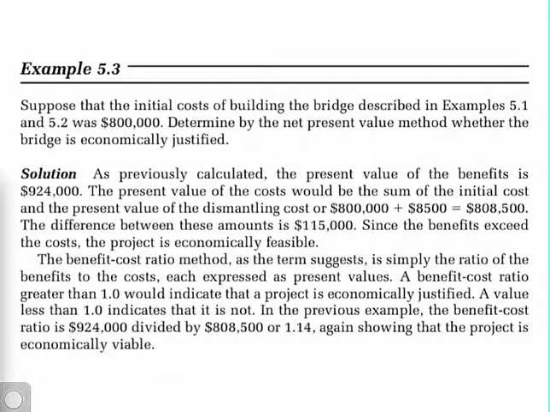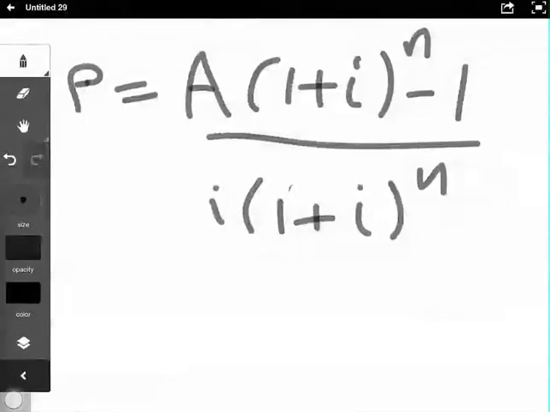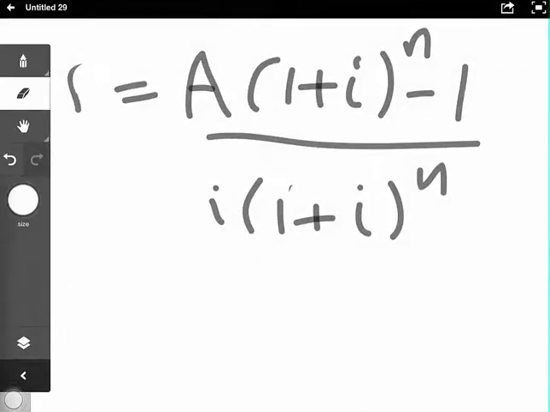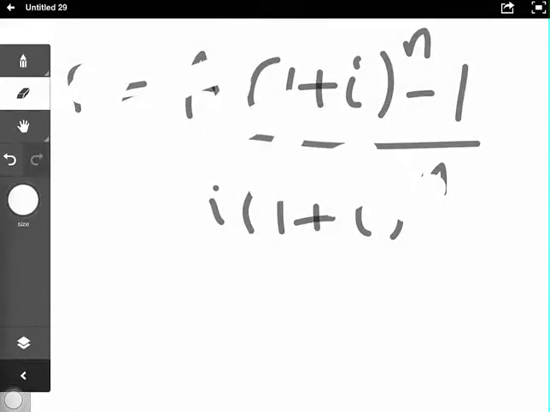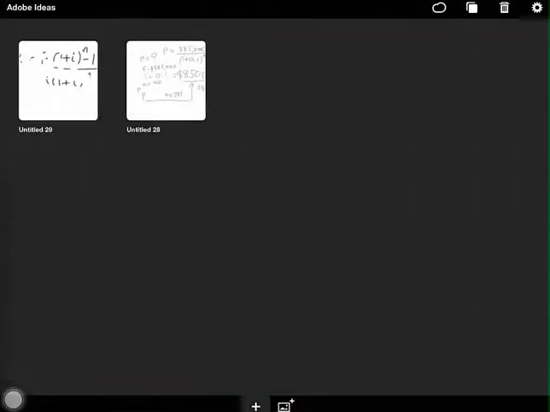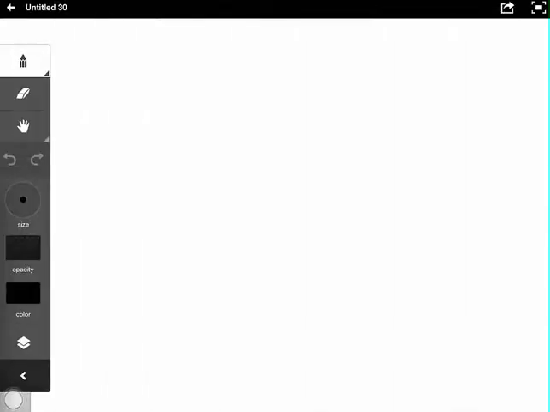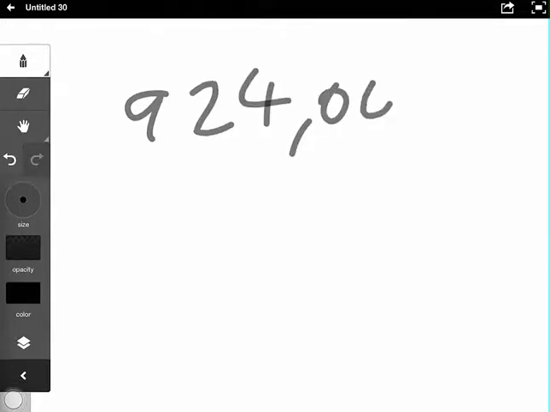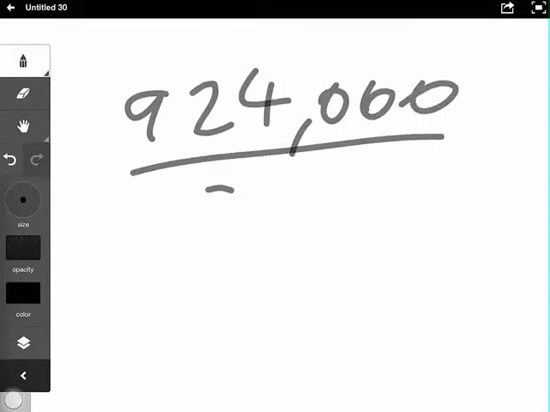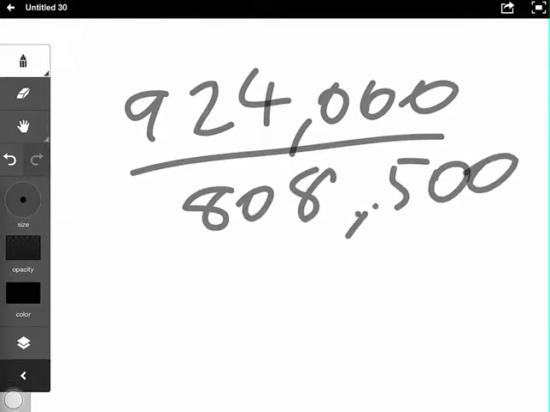Well, we see that in this example, the benefit cost ratio is 924,000 divided by 808,500.